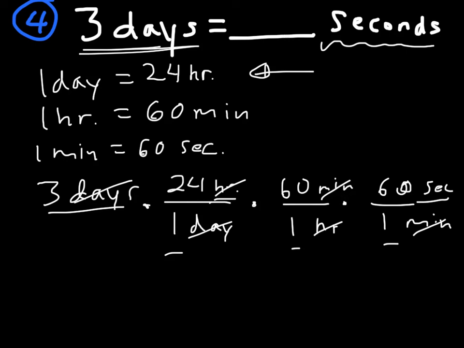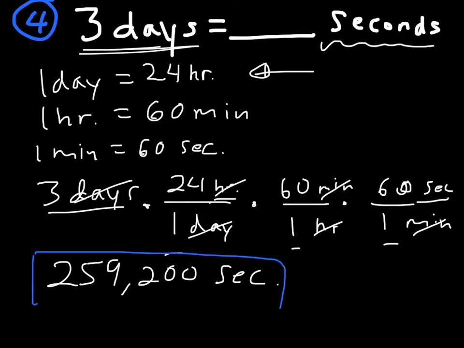We know anything divided by 1 is itself, so 3 times 24 times 60 times 60 is actually 259,200 seconds. So that is exactly how many seconds there are in 3 days, which is what we want.